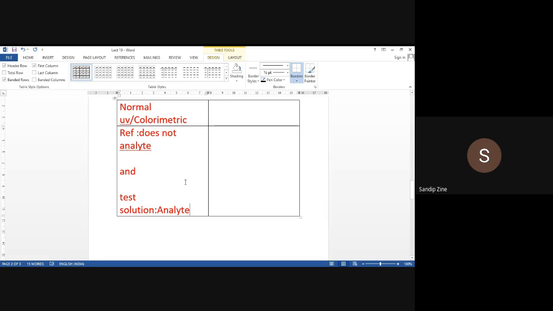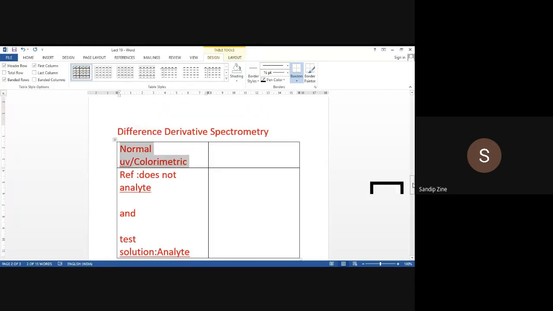In this way, this increases the selectivity of the measurements of the absorbance of an analyte, by decreasing or eliminating the effect of absorption by the solvent, whether the plain solvent in a reference solution or test solution, or other reagents, or other impurities associated with it. This is the normal UV colorimetric procedure, which you have experienced.